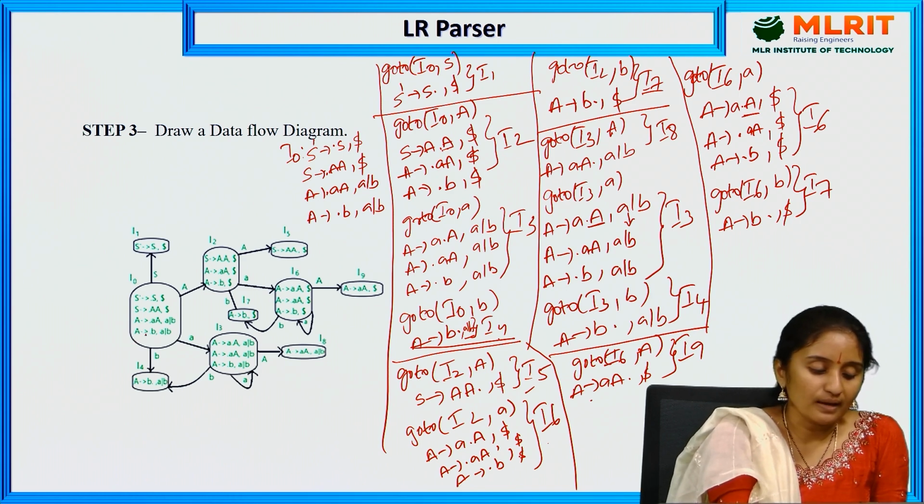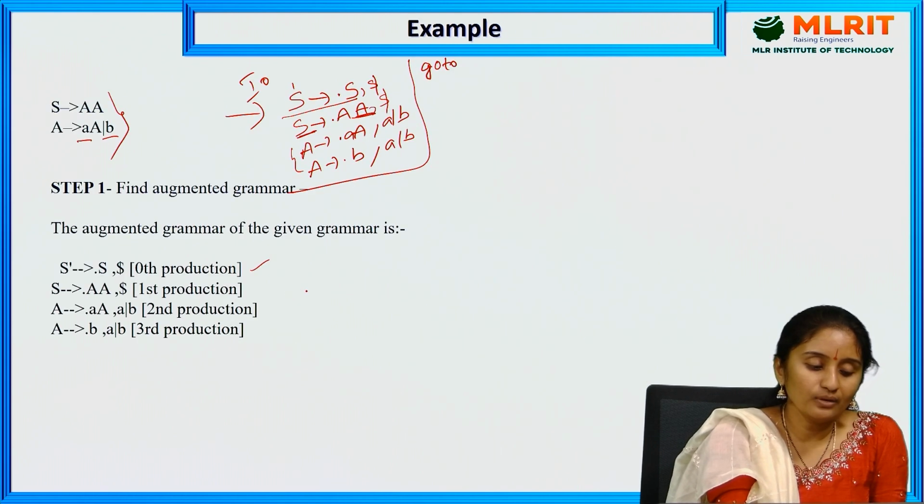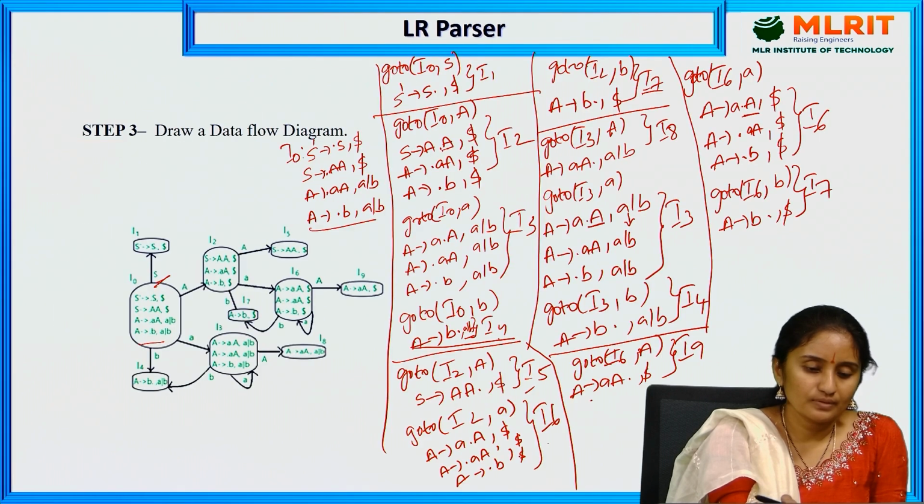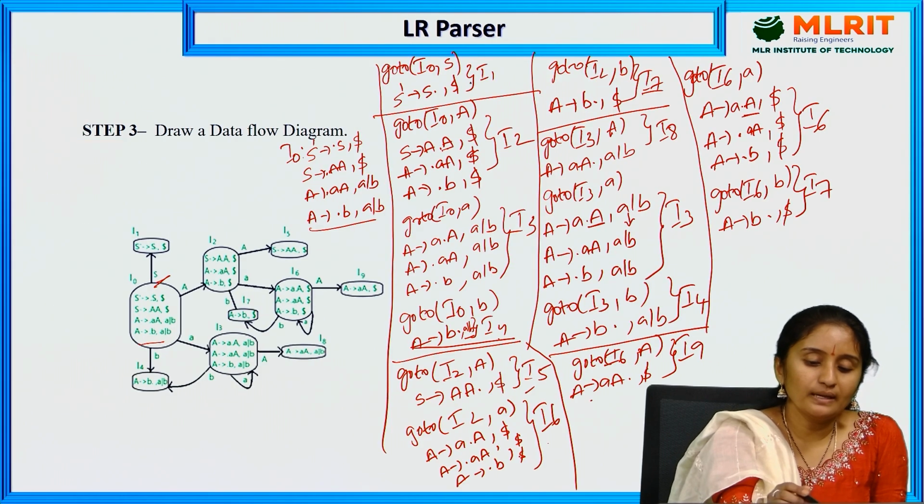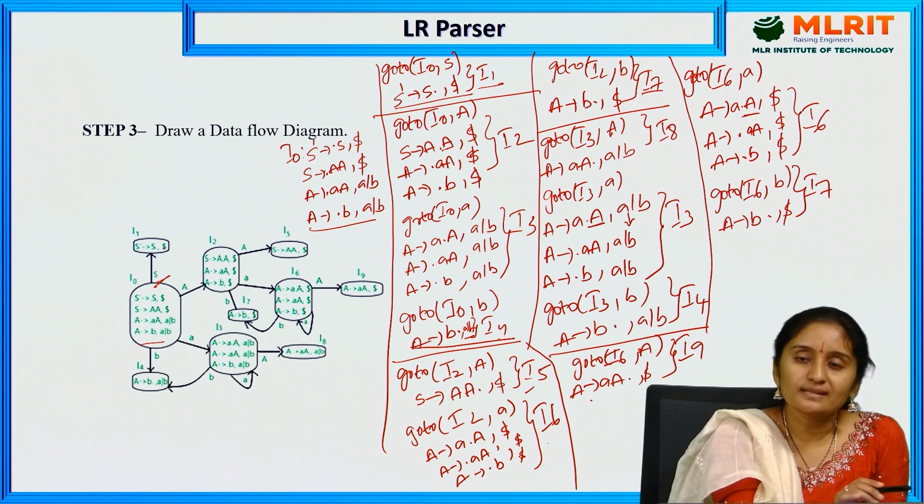So same thing, I0 state, same productions are there. Next, I0 on capital S, what do I have? It is moving to I1. I1 is nothing but S dash tends to S dot comma dollar.